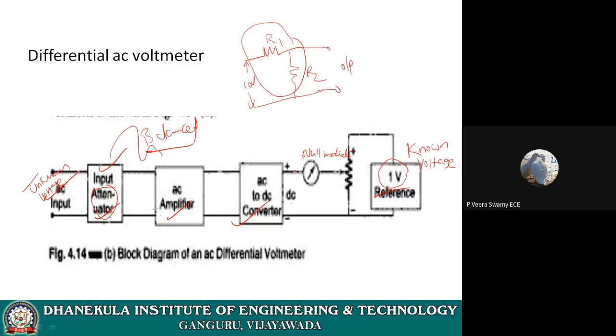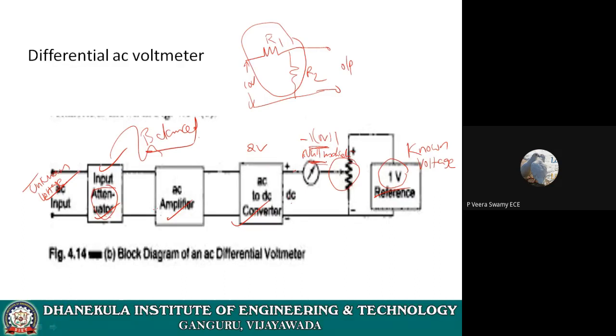So here I am applying a particular quantity of 2 volts. Of course, the null indicator shows -1 or +1. If you want to make that 0, adjust this potentiometer and make it 0. This is the operation of the differential AC voltmeter.